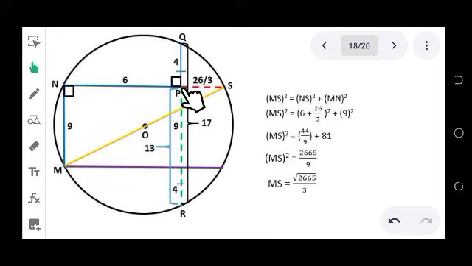Now, MS is a diameter, so that means the measure of the radius is equal to 1/2 of MS. So we will substitute the value of MS here. That will be 1/2 times the square root of 2,665 over 3. That will give us the square root of 2,665 all over 6. That is now the measure of the radius of the circle, and the problem is solved.